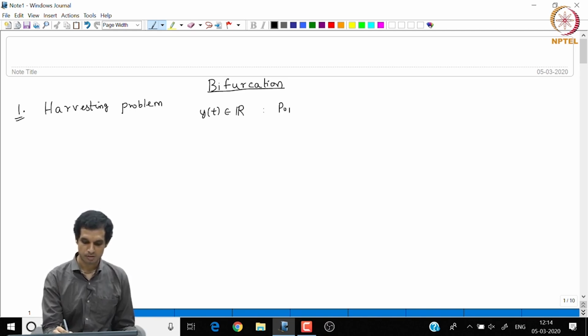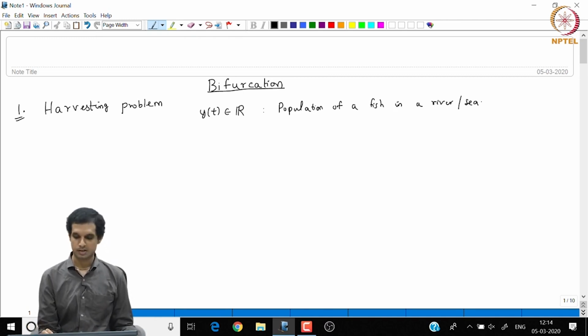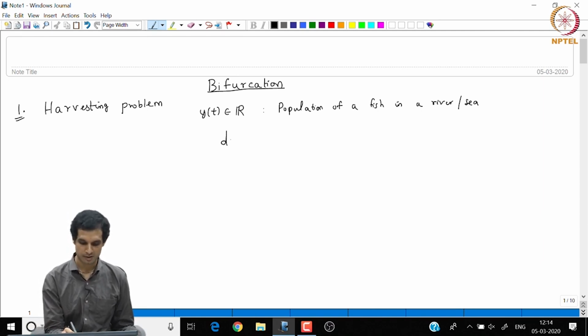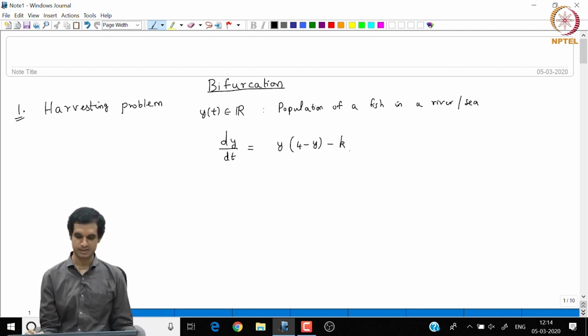It is nothing but the population, let us say, of a fish in a river or a sea, and the dynamics of the population of the fish is given by this equation: dy by dt is equal to y into 4 minus y minus k.